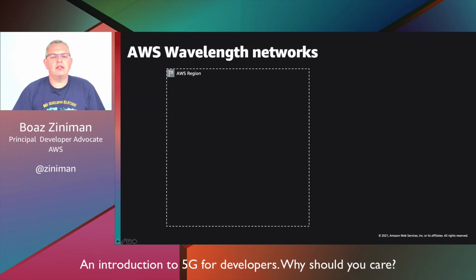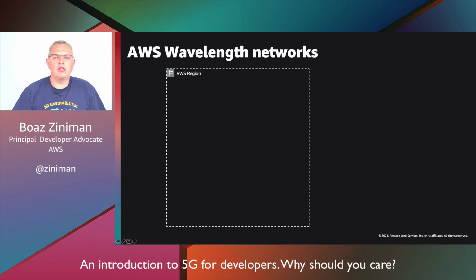So how do you start? First, you need to be onboarded into Wavelength to use it. So if you have a use case for Wavelength, please go to our website and fill in the form to access Wavelength. Then you start with just the same AWS region like you used to do for every other application you build. And this region has to have Wavelength Zones connected to it.